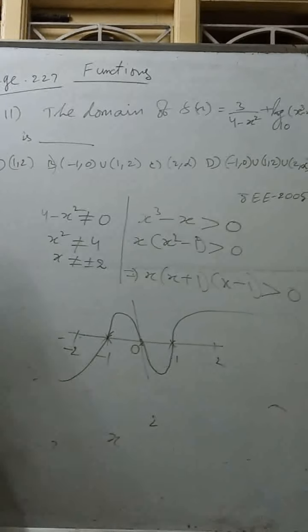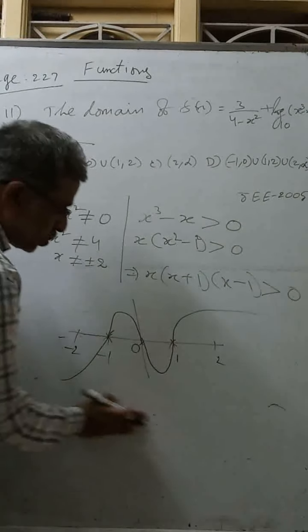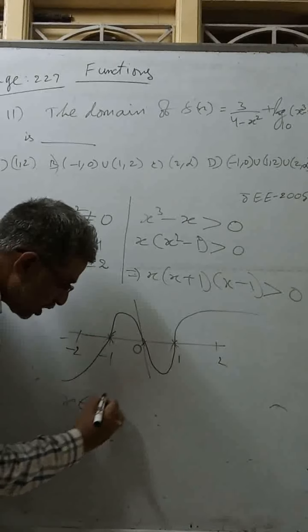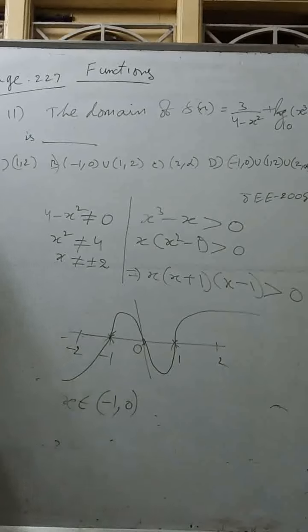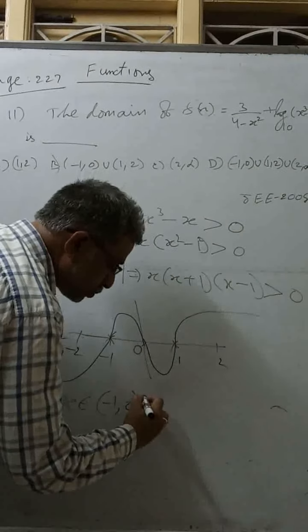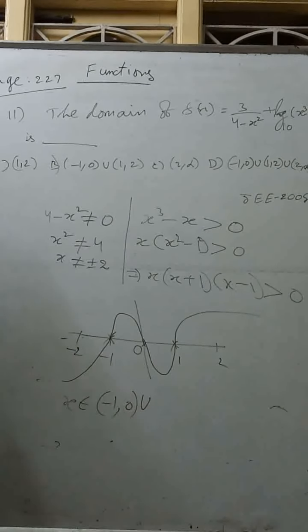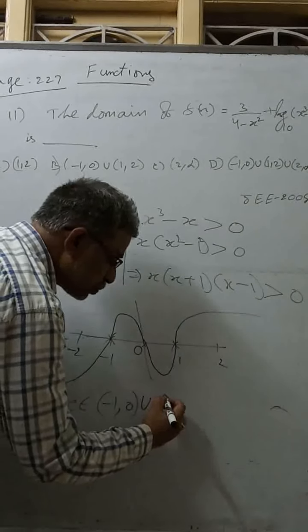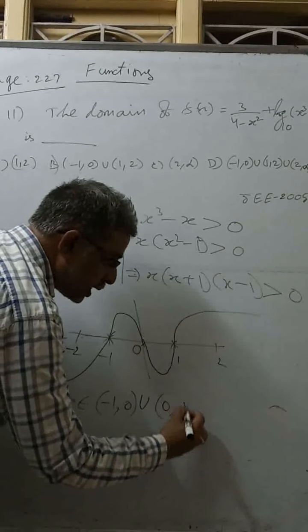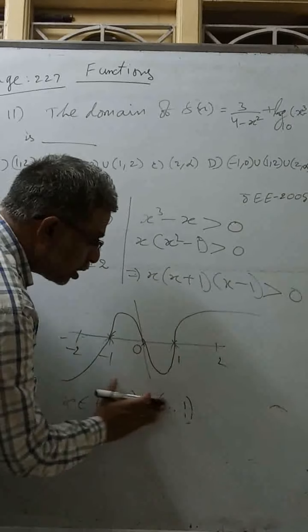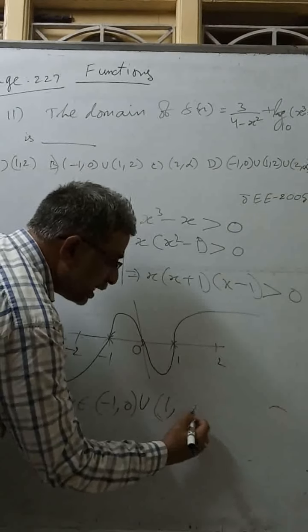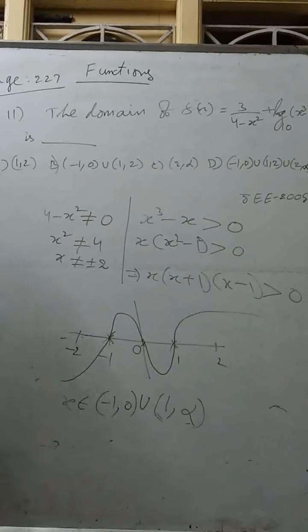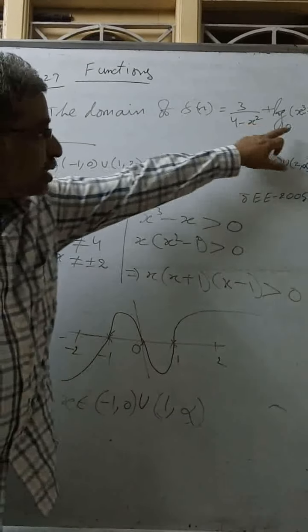So it should be like this. x belongs to minus 1 to 0 union 1 to infinity. This is the x value for this function to be defined.